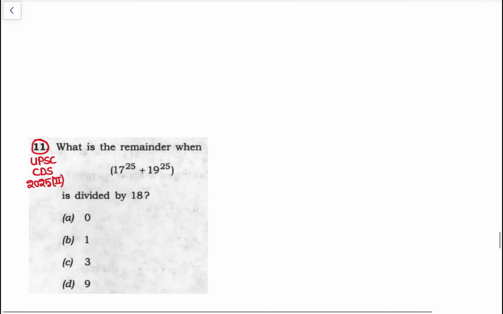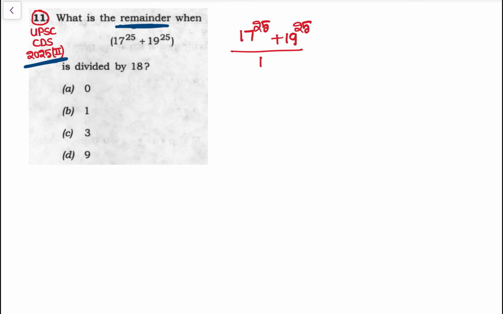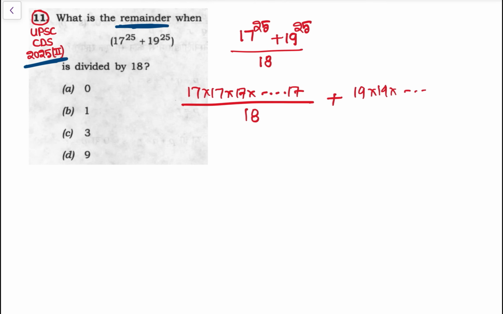Now let's see next question. Since this is question asked in UPSC CDS exam 2025. What is the remainder when 17 to the power 25 plus 19 to the power 25 is divided by 18? So this is 17 into 17 into so on into 17, 25 times divided by 18, plus 19 into 19 into so on 25 times divided by 18.